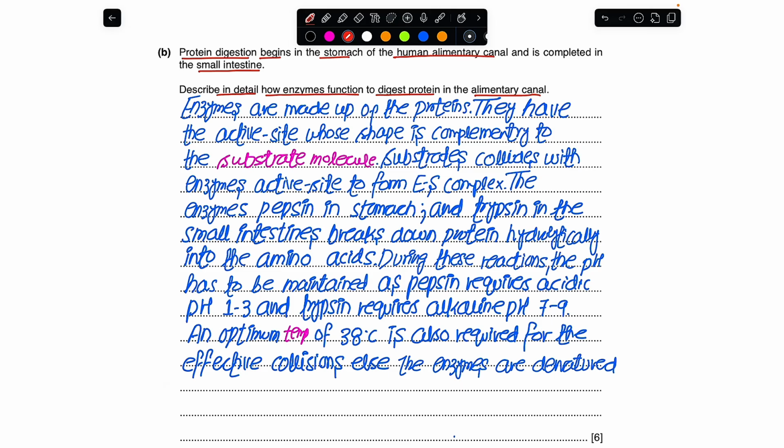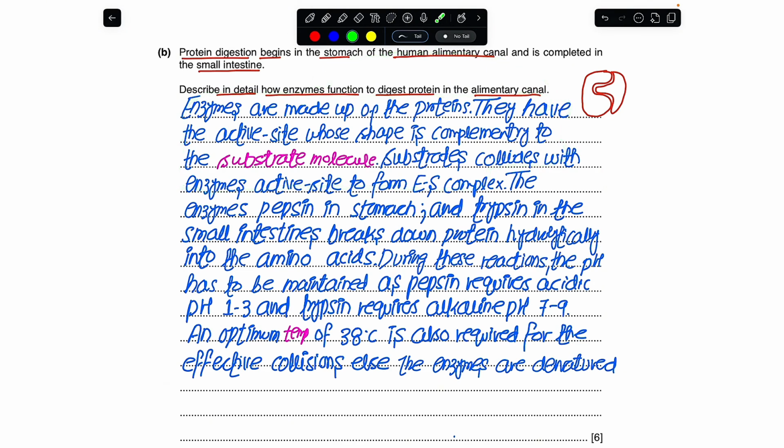The first three general points are that the enzymes are made up of protein, and then they have their shape of the active site, and that would be complementary to the substrate molecule. And when the substrate collides with this enzyme's active site, they would make the enzyme substrate complex. So here you would score a total of 3 marks for the first part of the question.